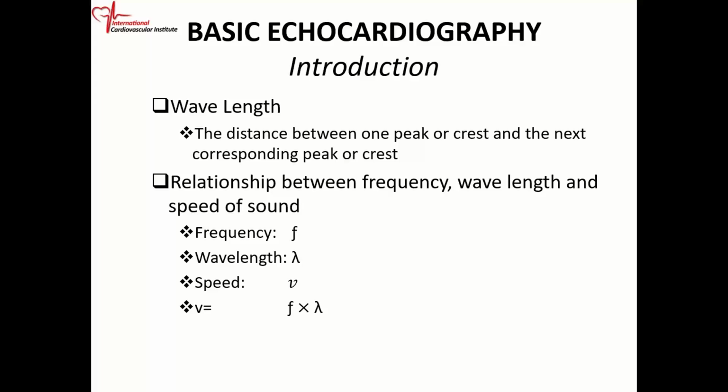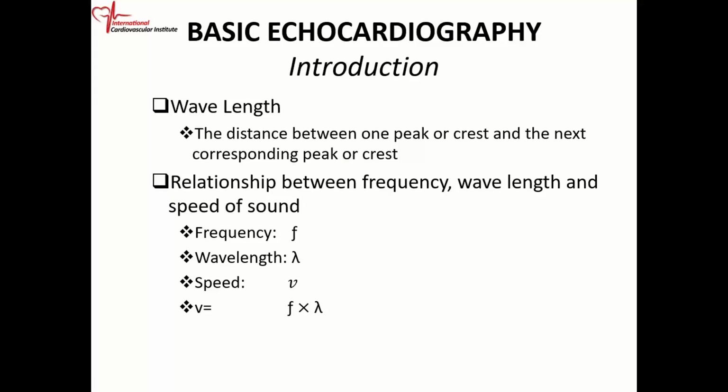So the speed of sound varies, depending on the frequency and the wavelength. This is what we call the wave formula, where the speed is equal to the frequency times the wavelength. It is sort of straightforward.